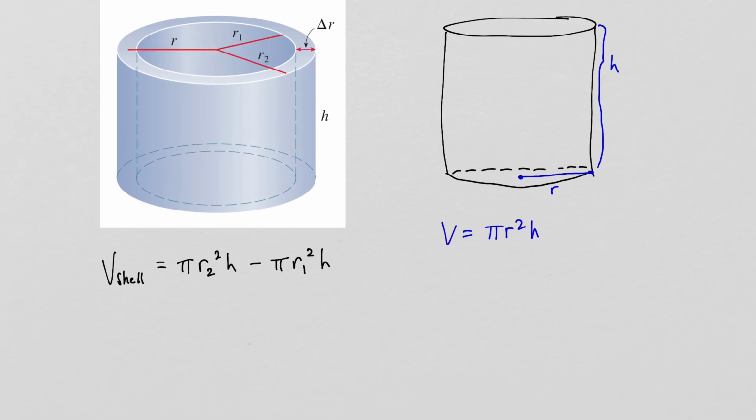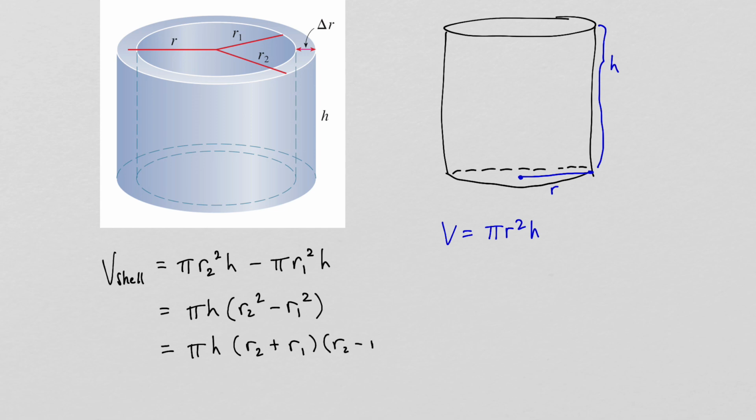And now I'm just going to algebraically manipulate this expression. So notice that I can factor out a pi times an h. And then we're going to have R2 squared minus R1 squared. And then R2 squared minus R1 squared can be factored using the difference of two squares. So we can say R2 plus R1 times R2 minus R1.